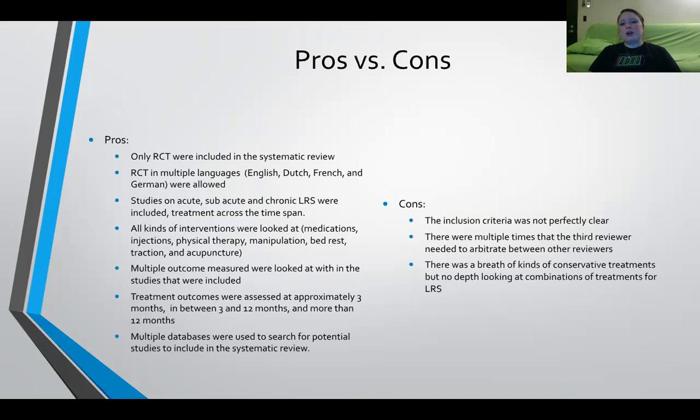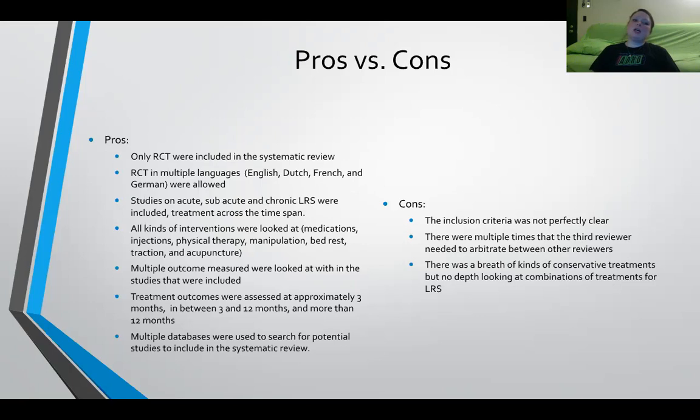There was also a large breadth of kinds of conservative treatments, which means there was no depth in looking at comparisons between conservative treatments, and there was no combining of conservative treatments for treating sciatica, so it was either treatment or no treatment and no combinations. So that's definitely a con.